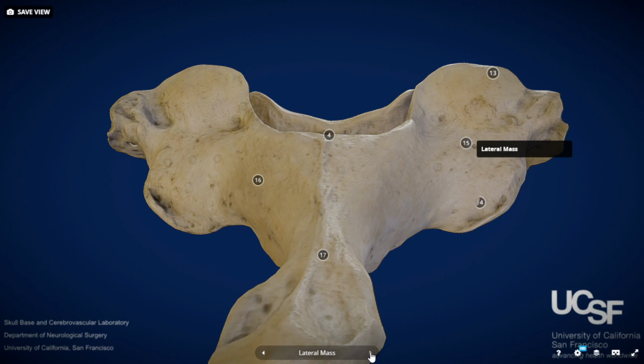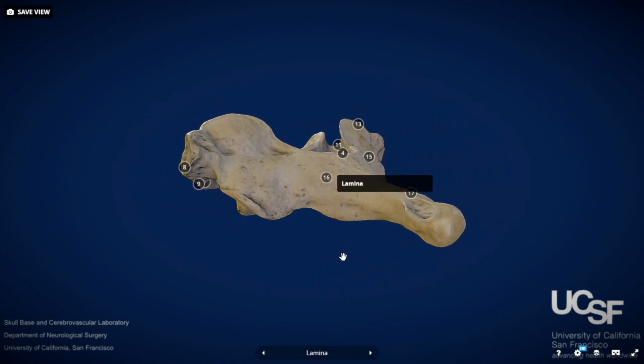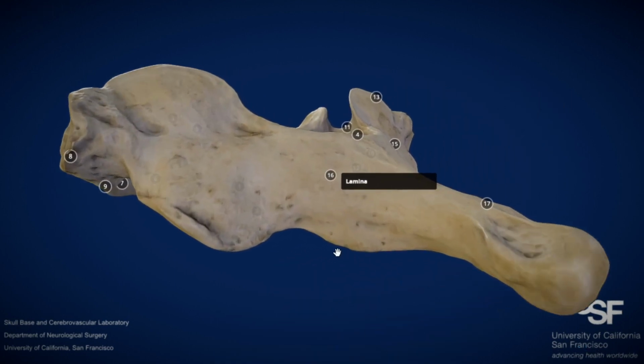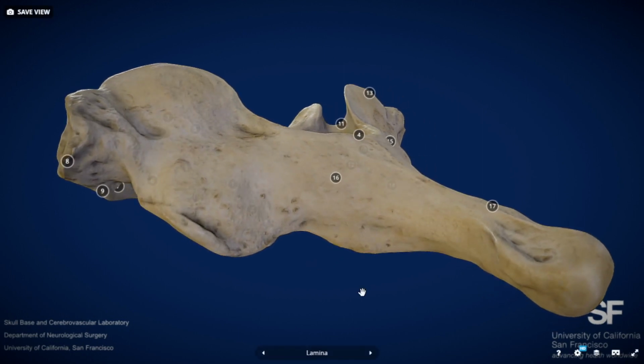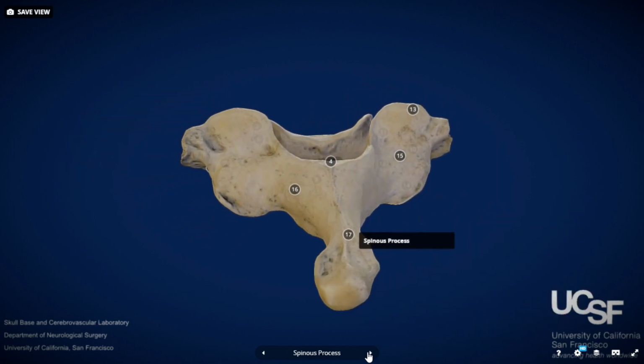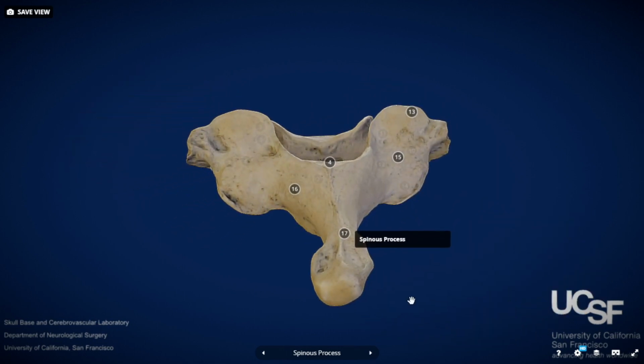But moving posteriorly, we see that the lamina tends to go shorter, and that's also one of the things that we're gonna see in the inferior levels that are gonna be part of the thoracic region, as well as this prominent spinous process.